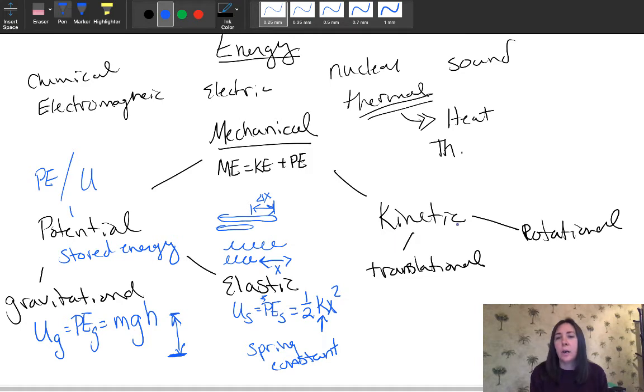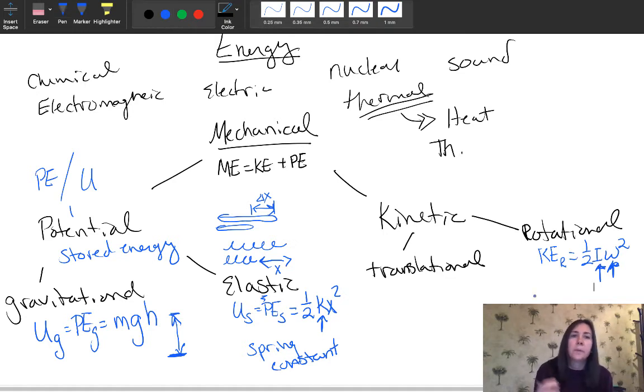Kinetic energy, let's talk about rotational first. Rotational kinetic energy, KE_R, is 1/2 I omega squared. We'll talk about omega when we talk about rotational motion. This is just a rotational velocity, rotational speed. How fast is something rotating? And then I, this is the rotational inertia.